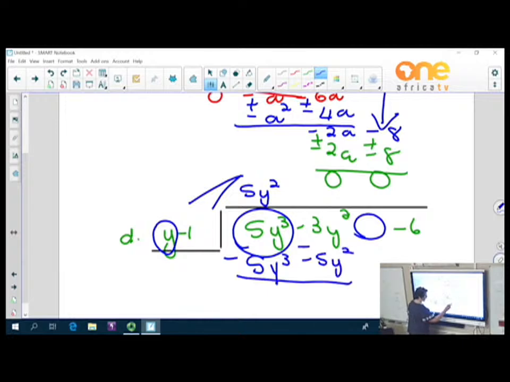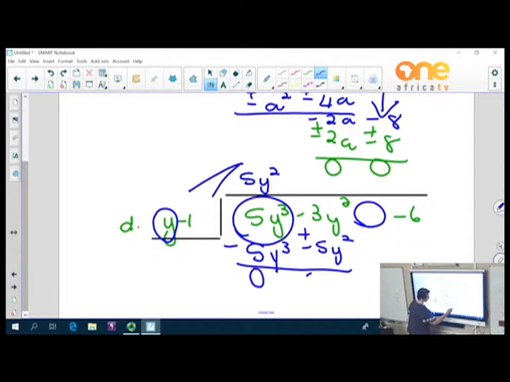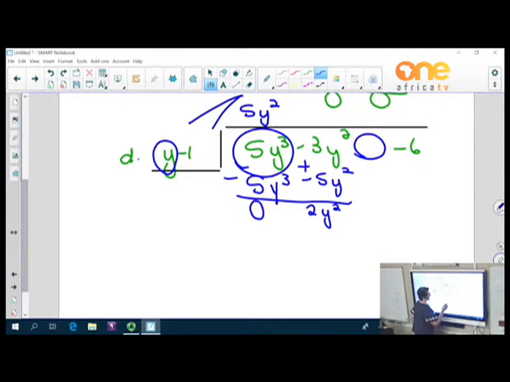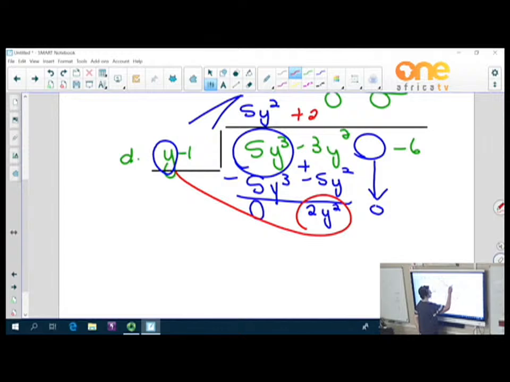I subtract, so I change the second signs and add, so this is then 2y squared, and we bring down that 0 basically. How many times will y divide into this one? Plus 2y times. I multiply 2y squared minus 2y. Change the second signs and add. This one is then positive 2y.